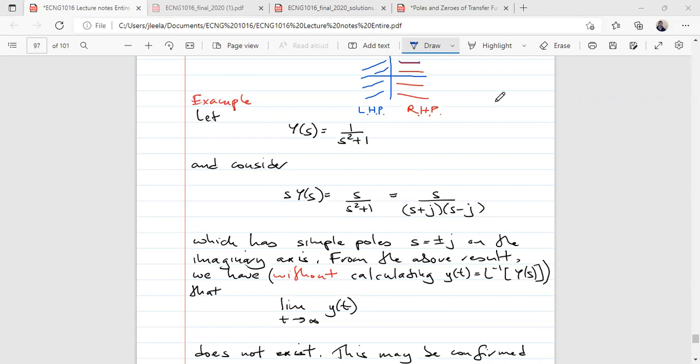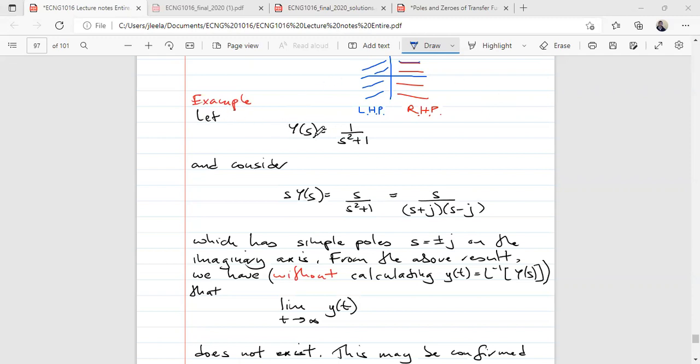If any pole lies on the imaginary axis or the right-hand side, then the limit doesn't exist. That could tie into what we call stability. We have the concept of stability: stable, unstable, and marginally stable. I'll talk about that when we go through some of the questions.